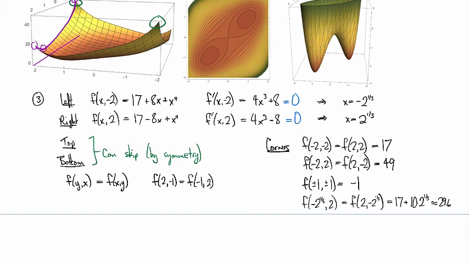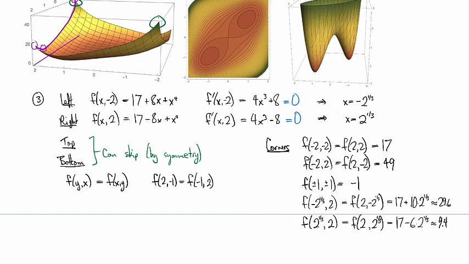And then the other place that we found was at positive cube root of 2 comma 2, which if we do the symmetry flip would be 2 comma cube root of 2. At that one, it's 17 minus 6 times cube root of 2, which my pocket calculator tells me is about 9.4.